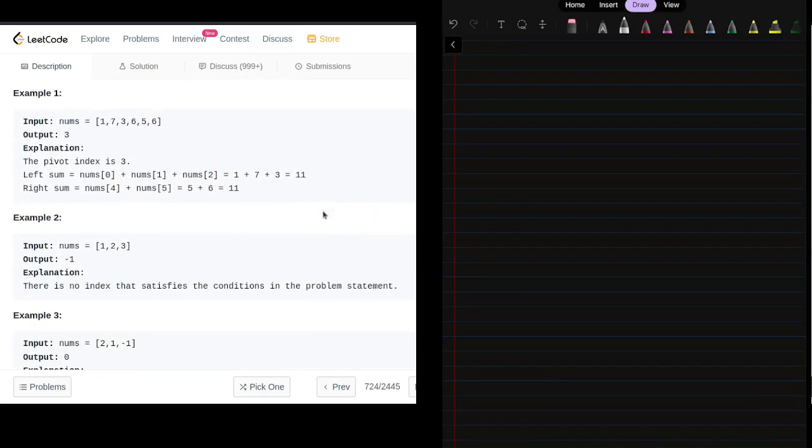Okay, so let's understand this with an example. We are given nums as 1, 7, 3, 6, 5 and 6 again.